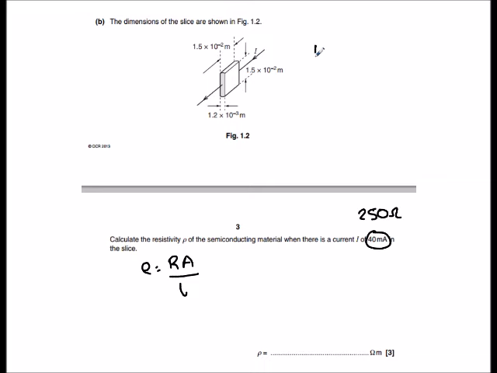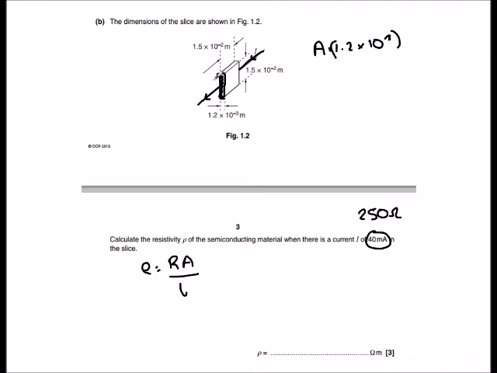The cross-sectional area, let me write that up here. If we see that the current is flowing this way, then this bit here is going to be our cross-section area, this bit I've shaded in here. So that's going to be this length, which is 1.2 times 10 to the minus 3 meters.